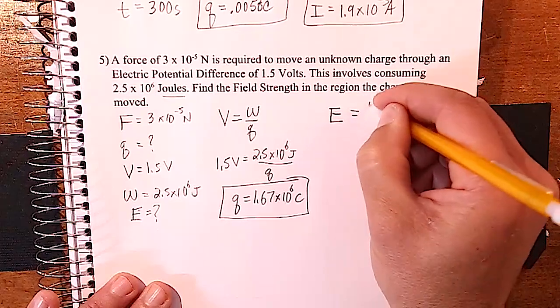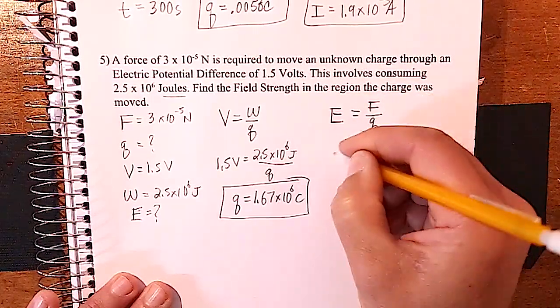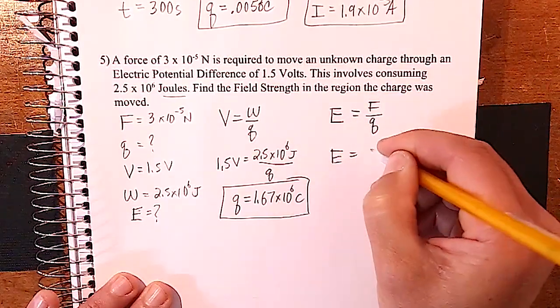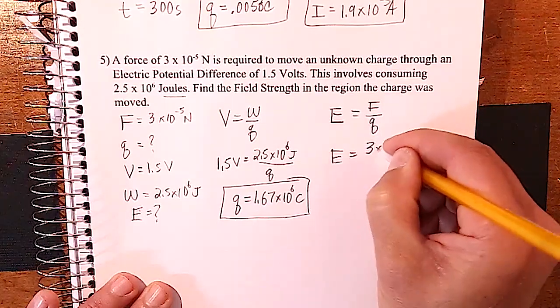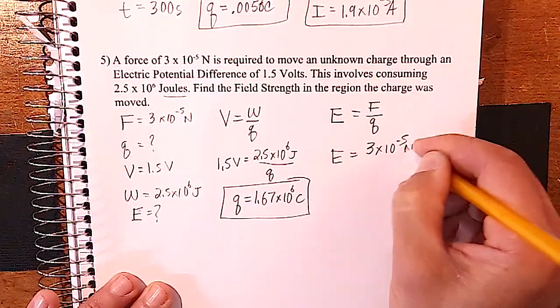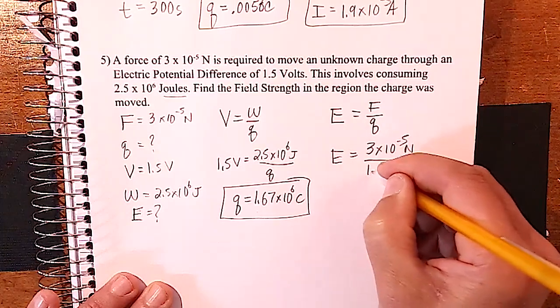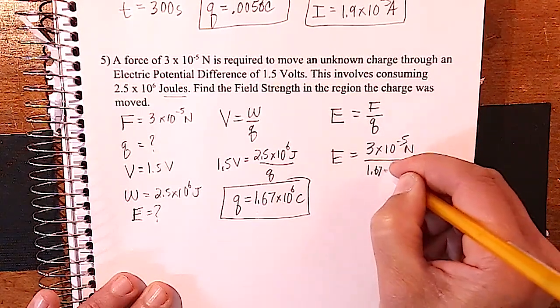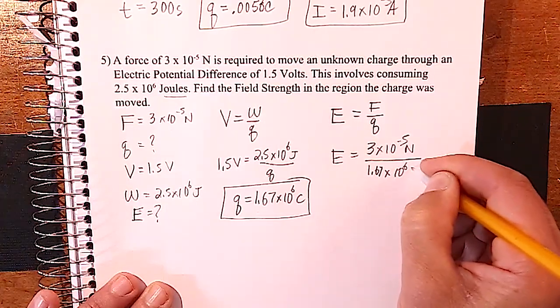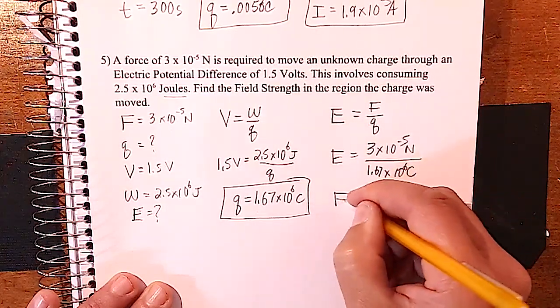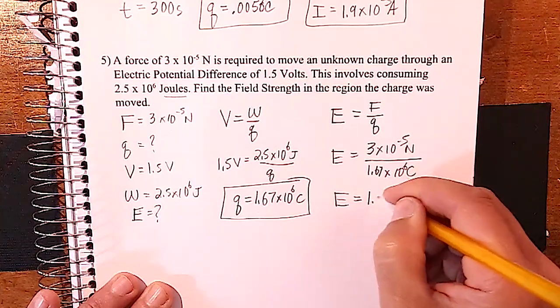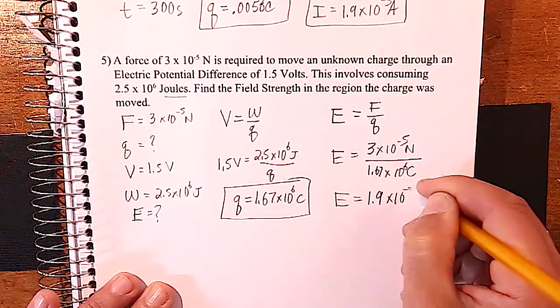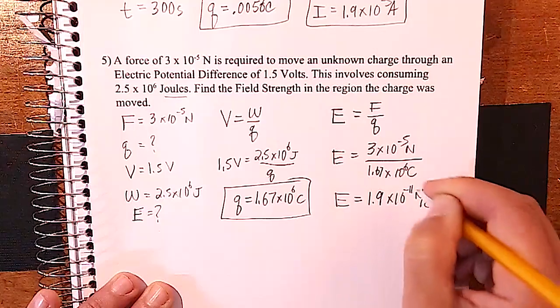So that's E equals F over Q, and this time we know the force, 3 times 10 to the minus 5th newtons, and we know the charge from the equation we just did, which is 1.67 times 10 to the 6th coulombs, and rounding off that gives us 1.9 times 10 to the minus 11 newtons per coulomb.